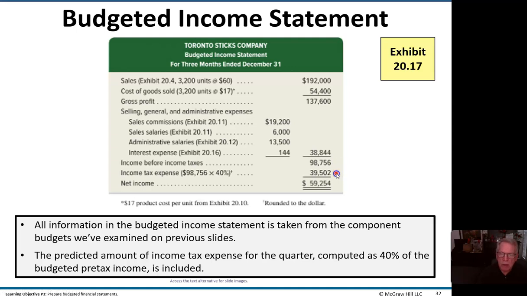We pay a 40% tax rate, so that leaves us with $59,254 of net income. All that information in the budgeted income statement is taken from the component budgets we've examined on the previous slides. The predicted amount of income tax expense for the quarter is simply computed at 40% of the budgeted pre-tax income, and we, of course, include that as one of our expenses.